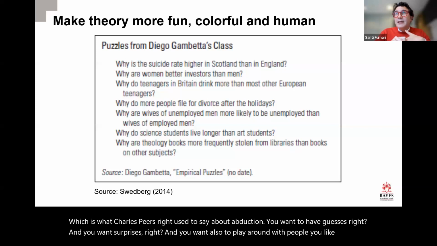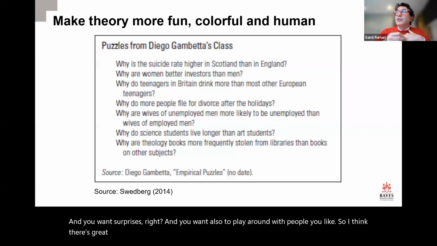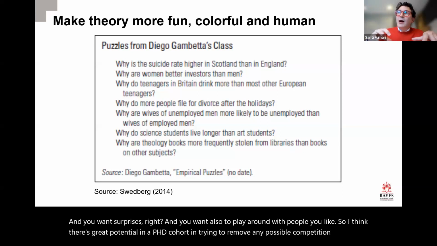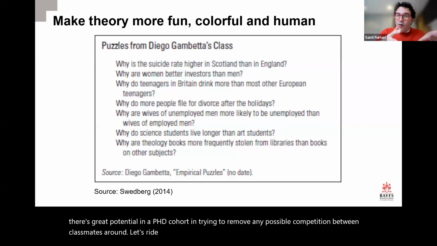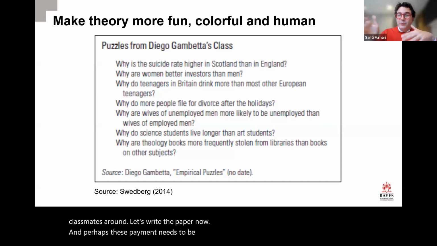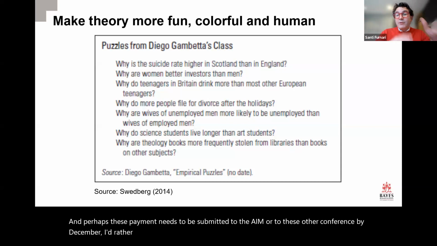So I think there's great potential in a PhD cohort in trying to remove any possible competition between classmates around, let's write the paper now, and perhaps this paper needs to be submitted to the AOM or to this other conference by December. I'd rather start from, let's play around with some ideas, and everyone can bring in anything that you are curious about.